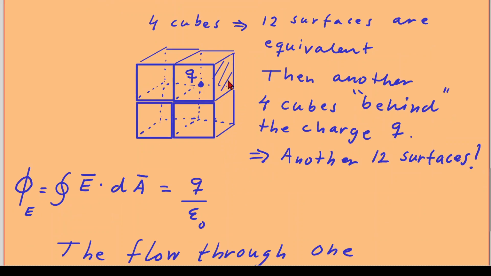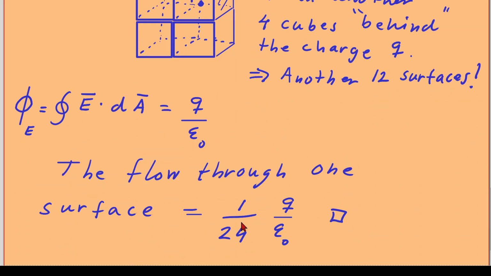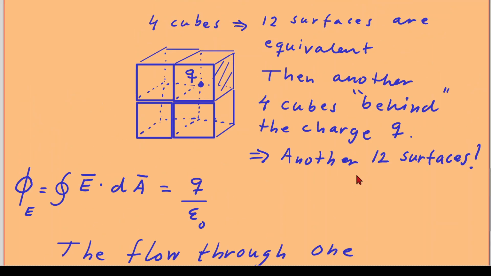But this guy here is just 1 of 24 such surfaces. 8 around plus 4, that's 12, and another 4 cubes behind the charge. So 24 such surfaces. So it should be only 1/24th of Q over E naught. So through symmetry, we could solve this immediately, basically.